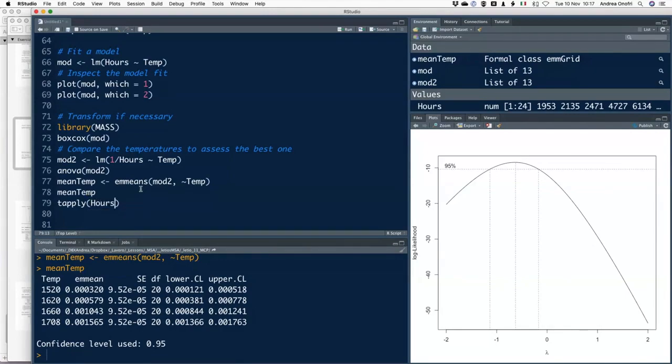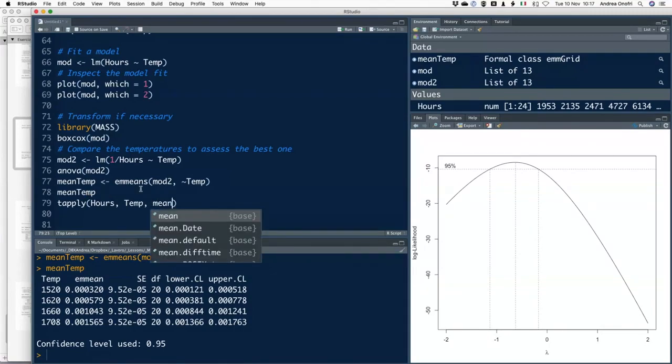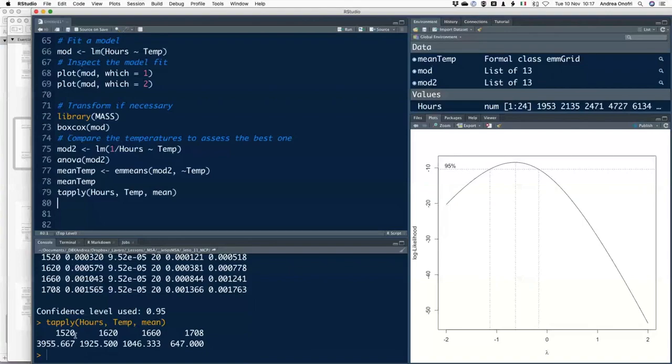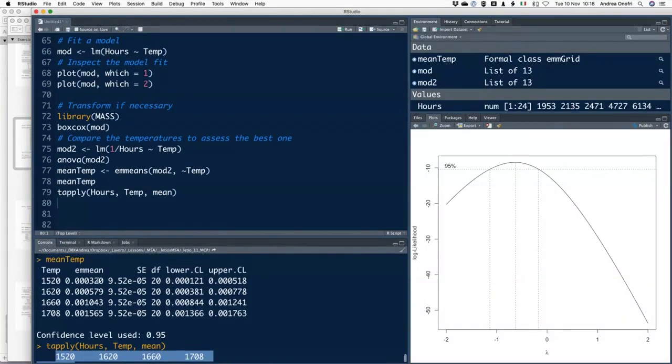Hours by temperature, mean. We see that indeed the highest number of hours is obtained with the 1520 temperature. So it would say that this temperature is the best one because it saves the heating system, which can function without failure for a longer time. So here, this is the best.